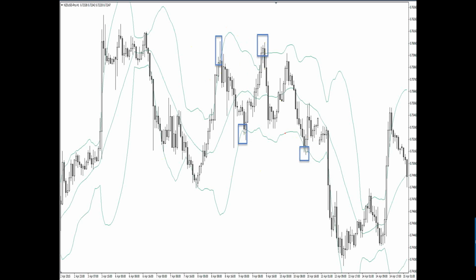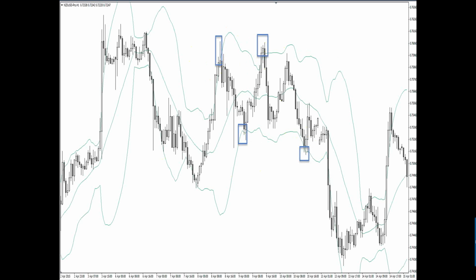So the main principle is the same candle should break the bands and close inside it. Coupled with some indicators, there are also effective counter trend strategies.